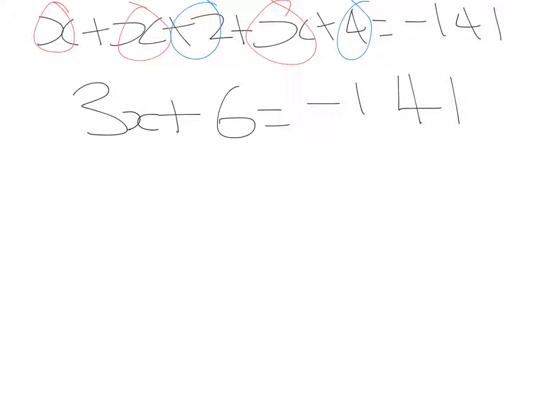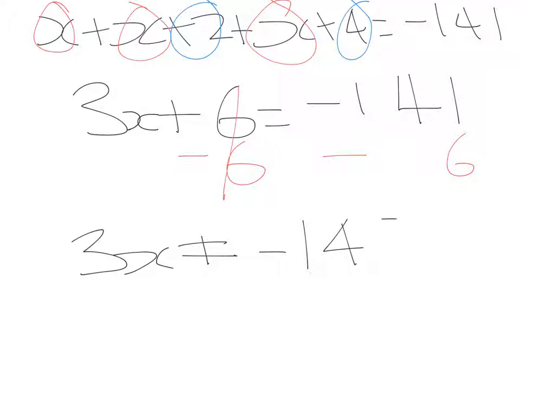To solve this, you subtract 6 from both sides, so negative 141 minus 6, and the 6 cancels, and 3x equals negative 147.